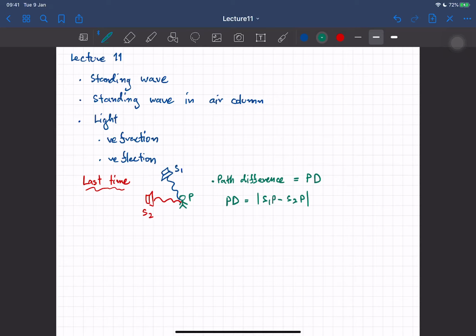wave propagation. If this is equal to a multiple of lambda, so n lambda, and again n is an integer, in this case also including 0, because they can have exactly the same path, so the path difference is going to be 0, this is when we have constructive interference.